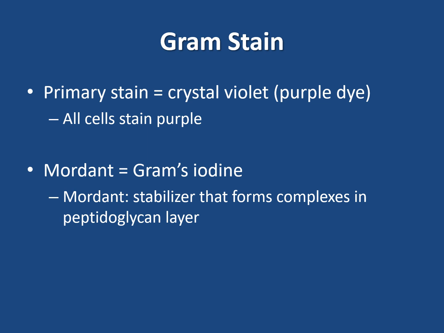So as I mentioned, if we go step by step, you add the primary stain, that crystal violet, which is purple, all the cells are going to look purple. The gram's iodine is known as a mordant. This just means it helps to act as a stabilizer, and it is going to form a complex with that peptidoglycan.